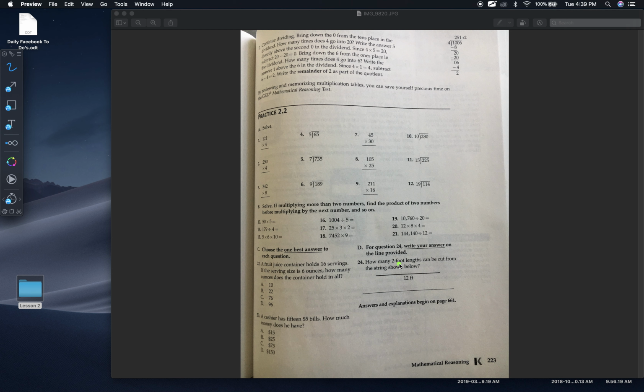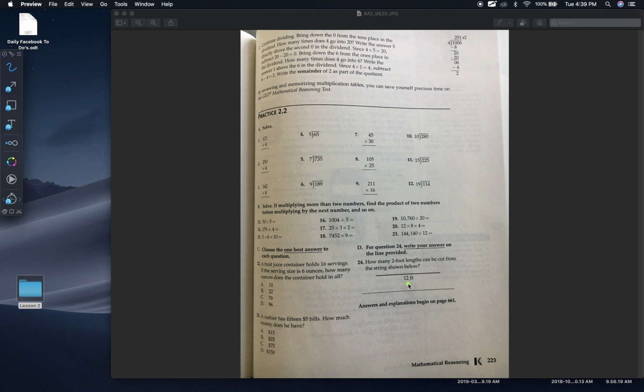For question 24, write your answer on the line provided. How many 2-foot lengths can be cut from the string shown below? Okay, so we know there are 12 feet. So what they want us to do is find how many 2 feet can go into 12 feet. So how would we get that? We need to basically find the equal parts.